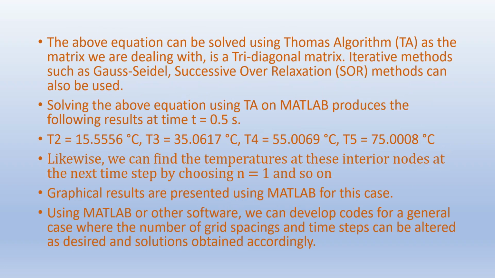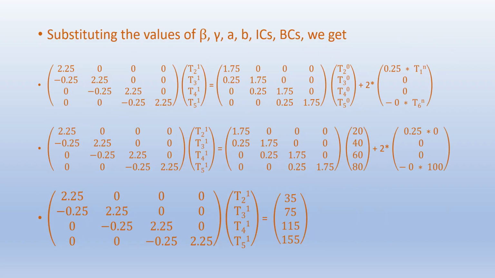So the above equation can be solved using methods such as the Thomas algorithm, as the matrix we are dealing with is a tridiagonal matrix, although in this particular case, the upper diagonal becomes 0, but in other cases it may not be.